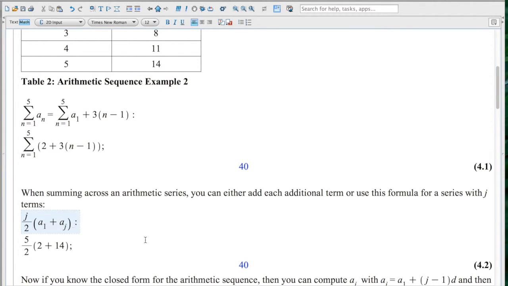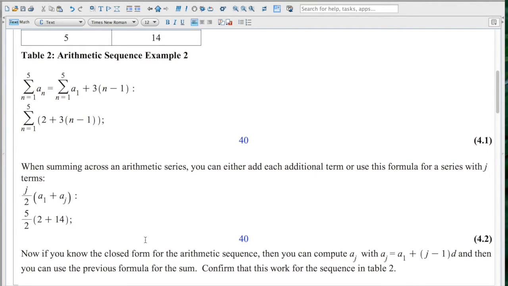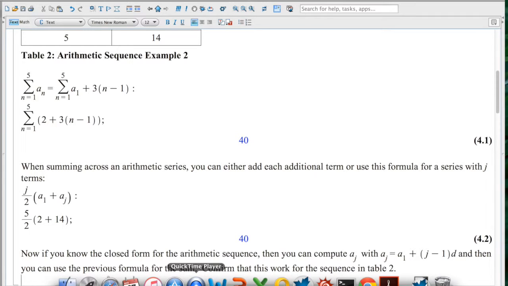Well, right now it's an expression. So this is posted on the wall, and I think you should commit it to memory, or ideally remember how it's derived, and just remember it that way. So we're basically done with arithmetic sequences and series, and next we're going to move on to geometric sequences and series.